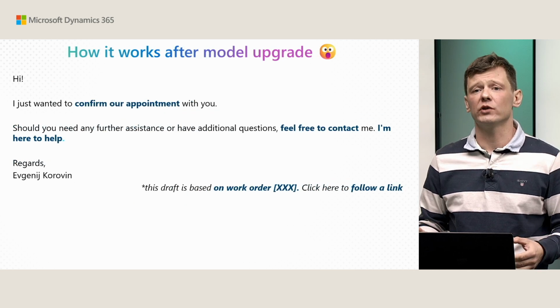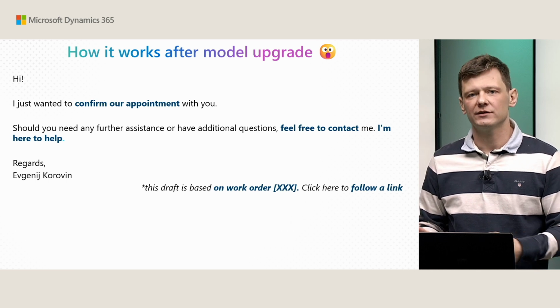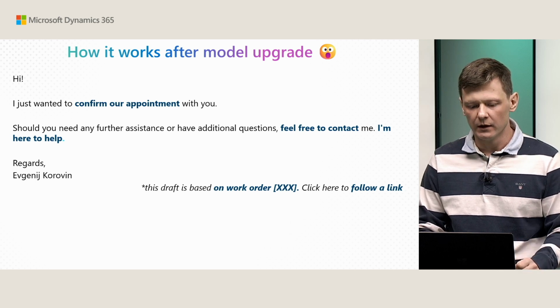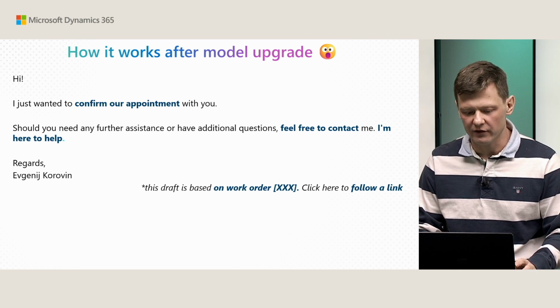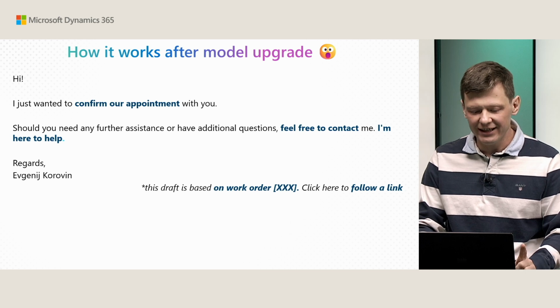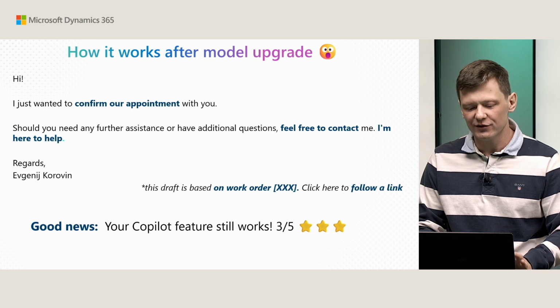And if I ask you to rate that confirmation email from 0 stars to 5 stars, what would be your rating? Many people would say, hey, obviously it's 0 stars, it's very bad, it's completely dropped in accuracy and level of details. But the interesting news is that actually it's not that bad. We'll say it's like 3 out of 5.